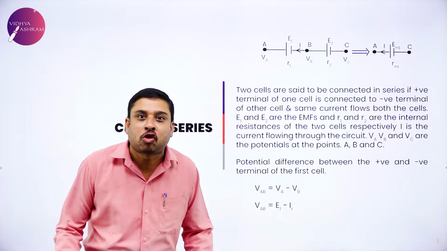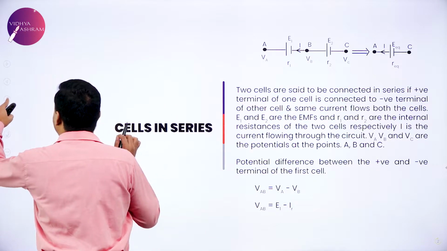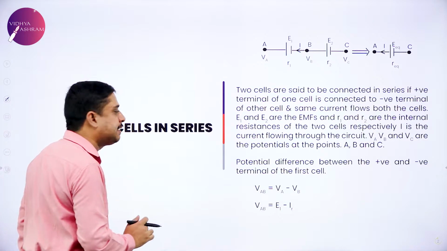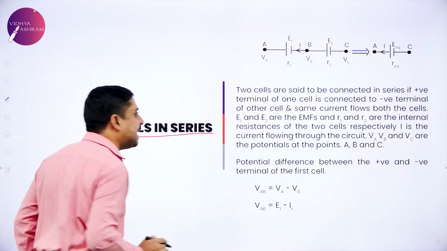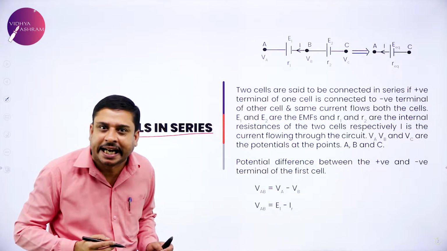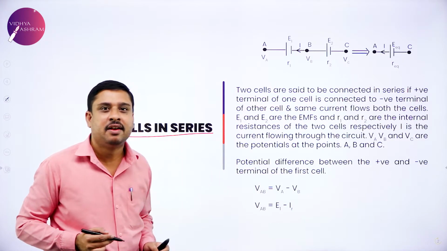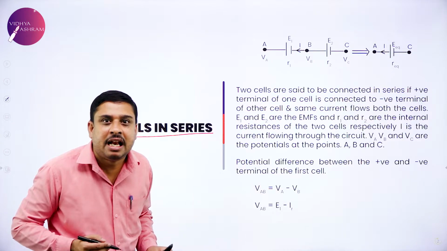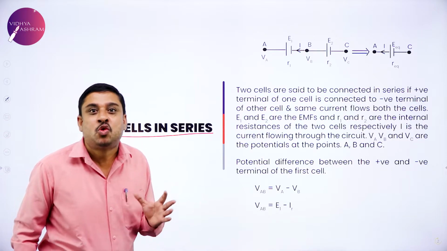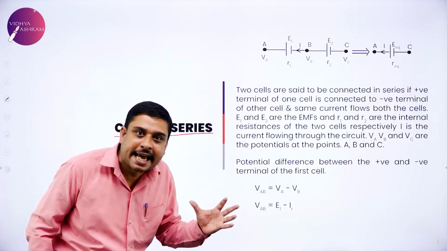Keeping these things in mind, today we start understanding the two combinations of cells. The first combination that I study is cells in series. As we did earlier, in this derivation, first I will learn the condition under which two cells are said to be connected in series.